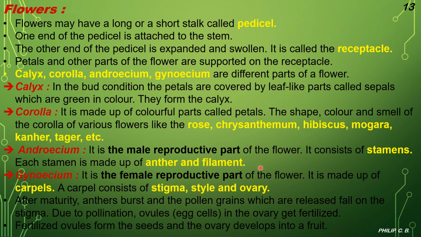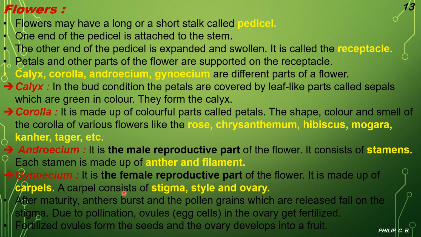Some flowers may have 2 stamens, 3 stamens, which we'll learn in the further class. For the time being, what is there in the androecium? The stamen. The stamen has two main parts. One is the anther, inside which the pollen grain is present, and the filament, with which the anther is attached. Clear?